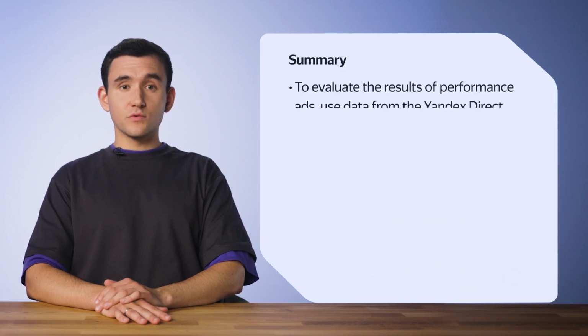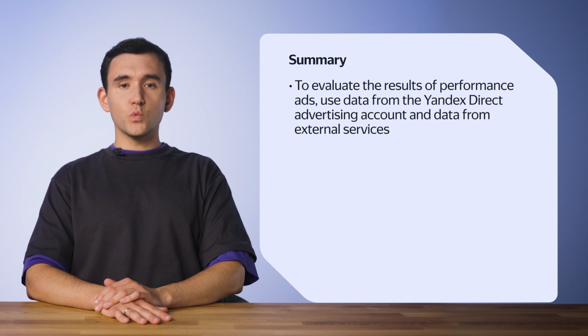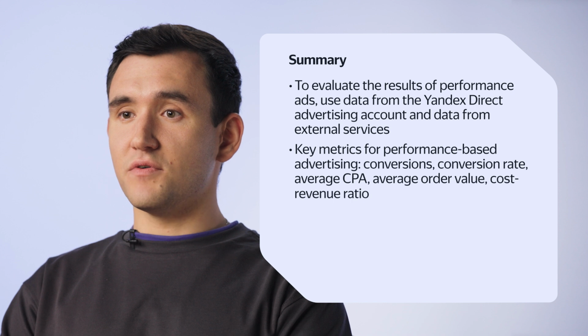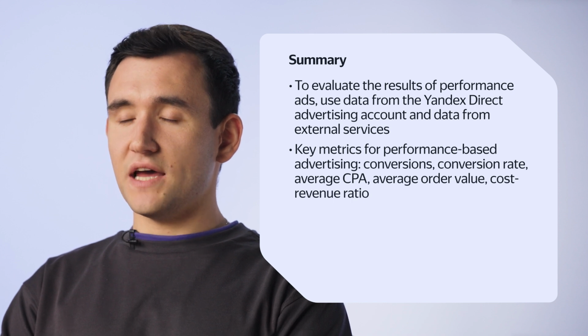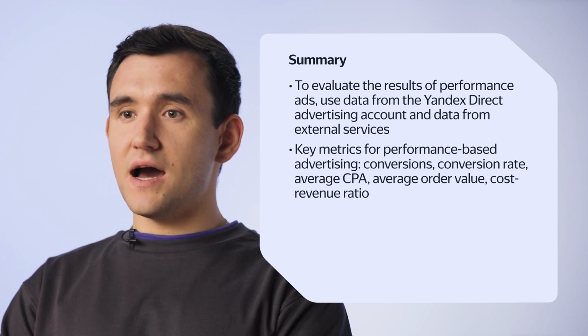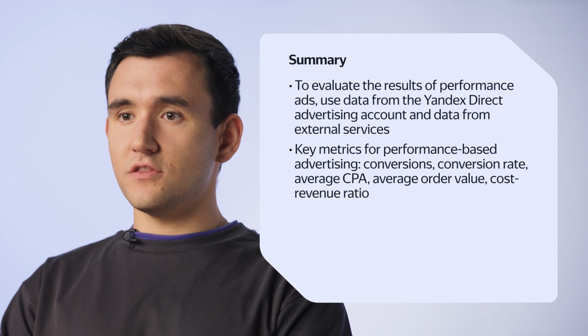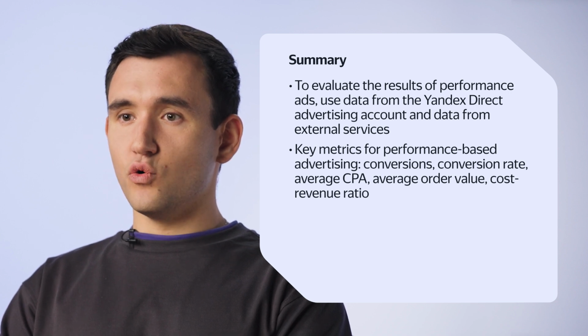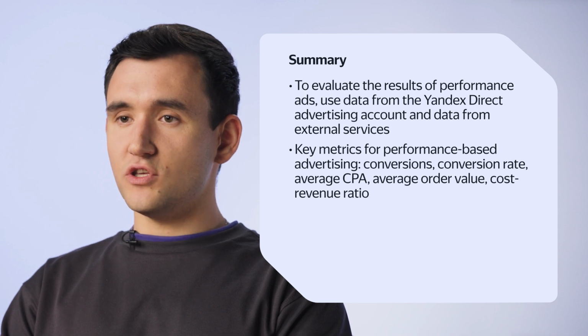When evaluating the results of performance ads, we usually use both data from the Yandex Direct advertising account and data from external services such as Yandex Metrica, a CRM, or call tracking systems. The key metrics for performance-based advertising, which advertisers usually analyze, are the number of conversions, the conversion rate, the average CPA, the average order value, and, in the case of online stores, the cost-revenue ratio.